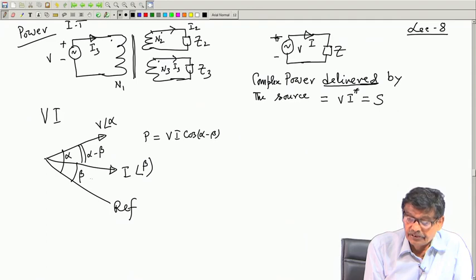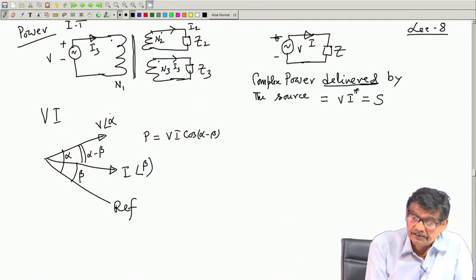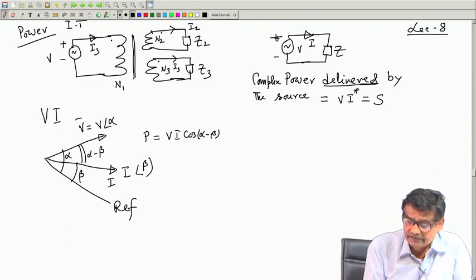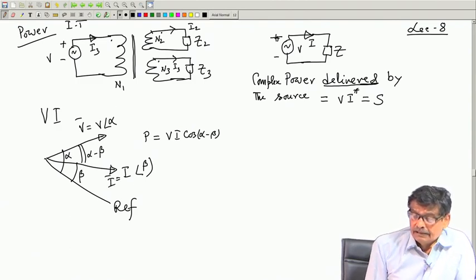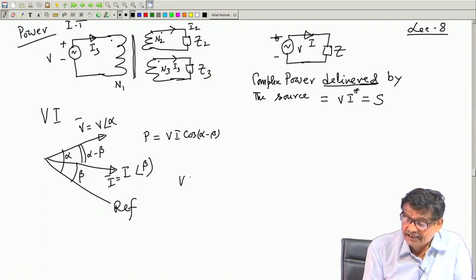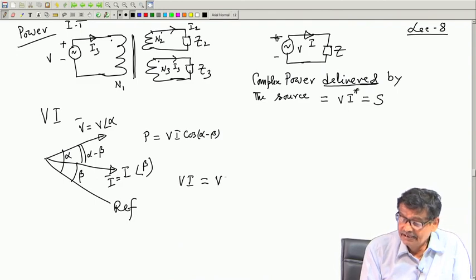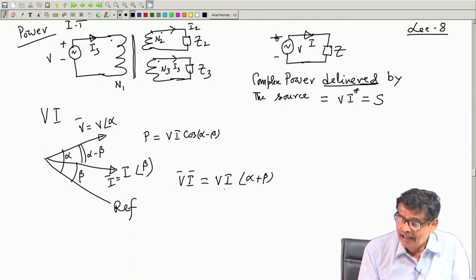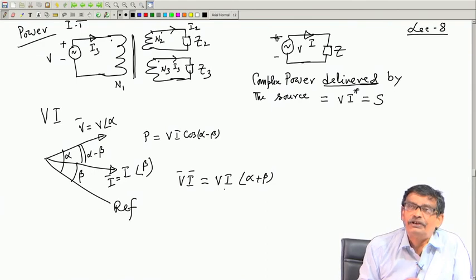I am omitting the bar all the time, but these are phasors. If you simply multiply these two complex numbers, it will become V I angle alpha plus beta, and the real part of it is not real power.